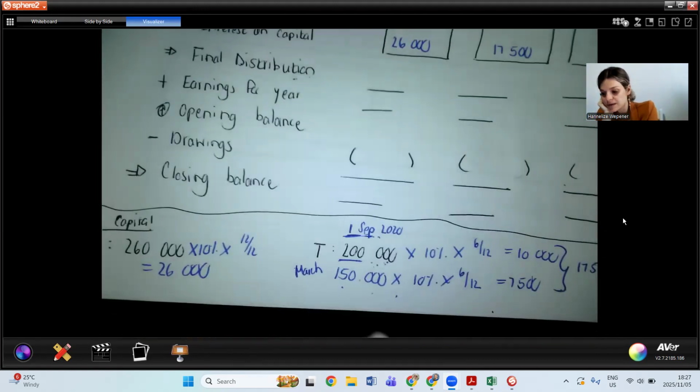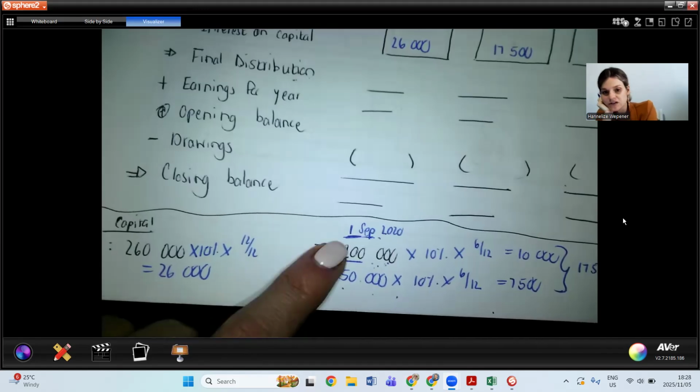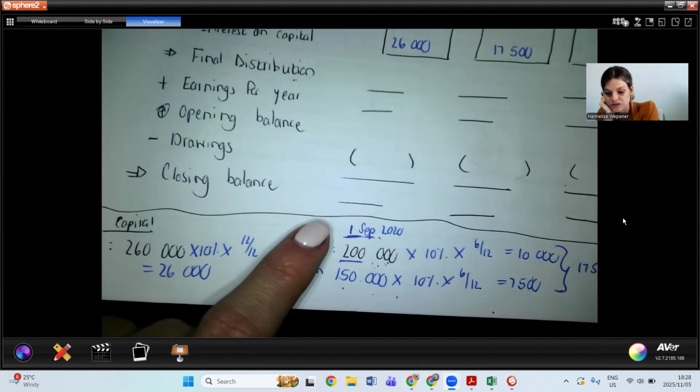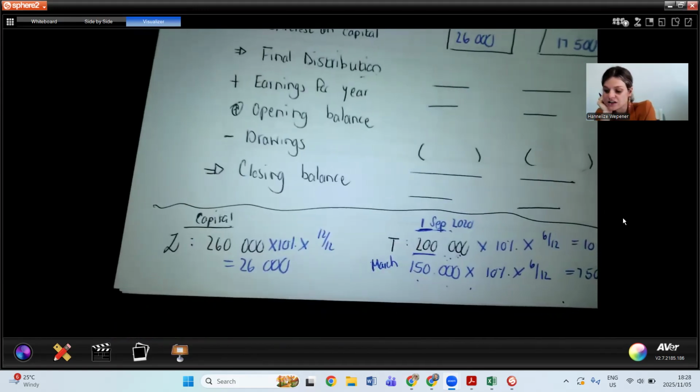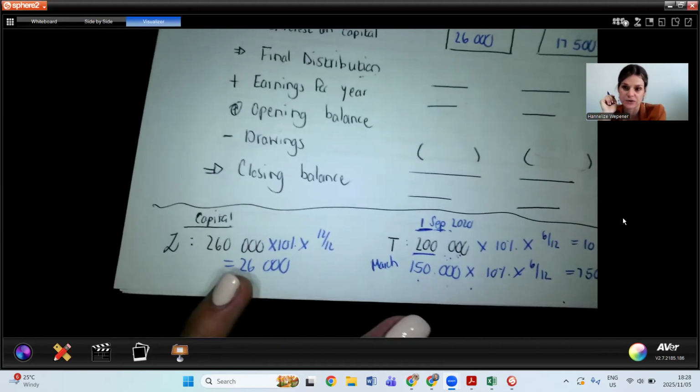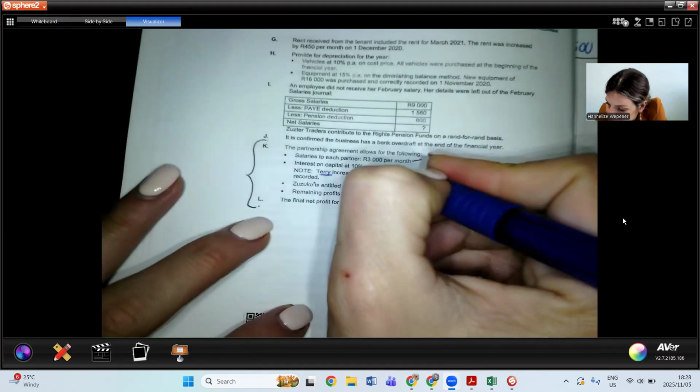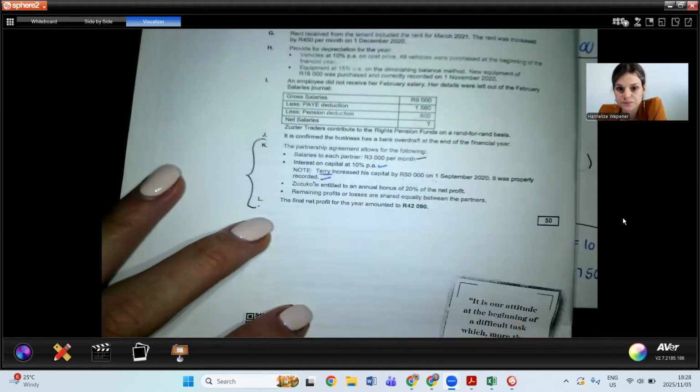Okay, so just remember the one increased it. So he started with 150, ended on 200 because they said that this has already been recorded. And then the other one, there was no change. That's why it's just the 260 that we are using. Okay, so that means we're also done with these two.